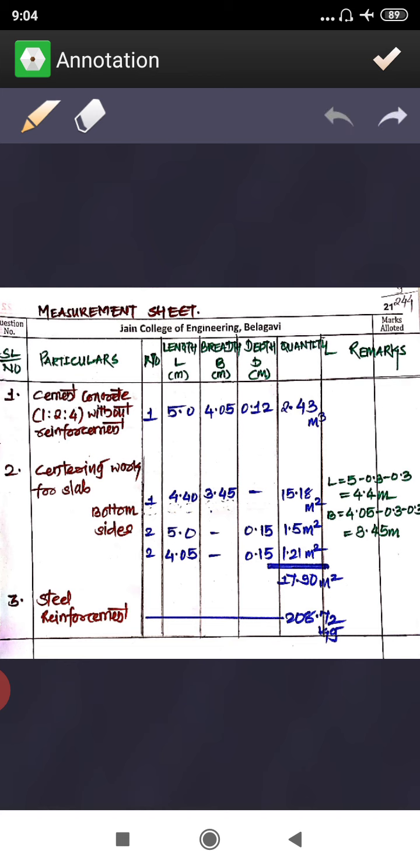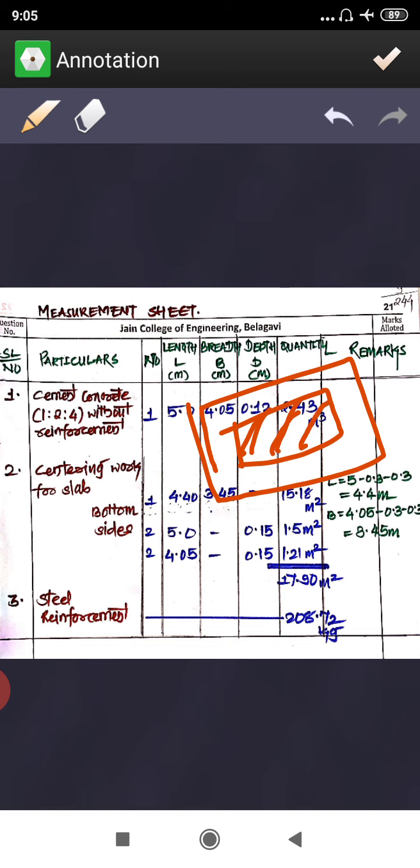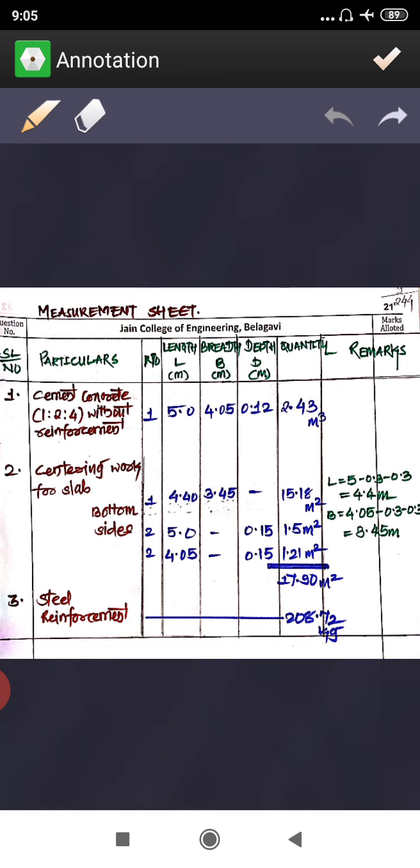If you take wall of 30 centimeter on each side, 5 minus 0.3 minus 0.3, you'll have 4.4 meter. Similarly for the span 4.05, if you deduct 0.3, you'll have 3.45. So you have to take in to in. If you have a wall thickness here, this in to in is what you are supposed to take, and that is what I have taken. So this is the bottom of slab, 15.18 meter square.